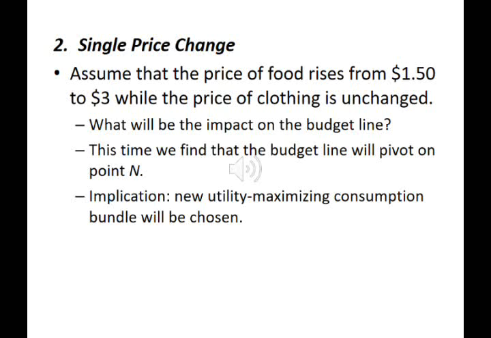This means that only the horizontal intercept will change. The new horizontal intercept will be equal to $6, the initial income, divided by 3, which is equal to 2. So we will now have a new horizontal intercept at the point of 2.